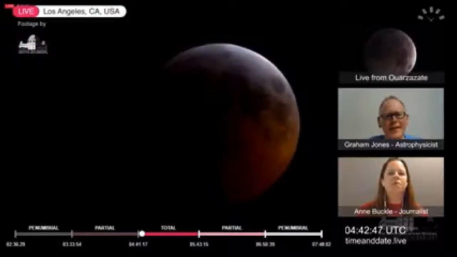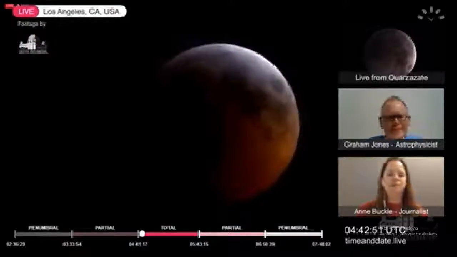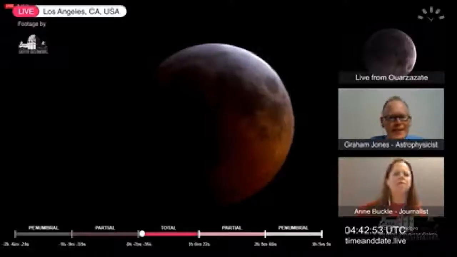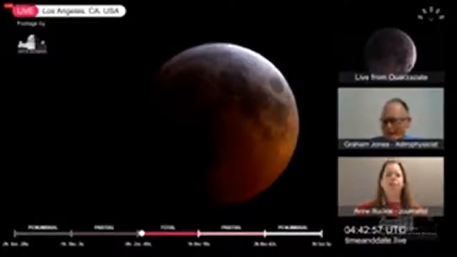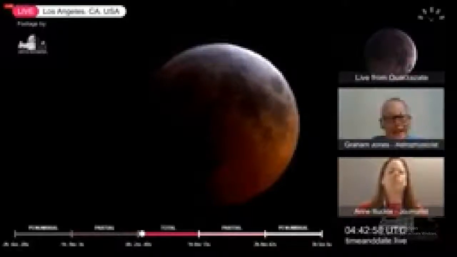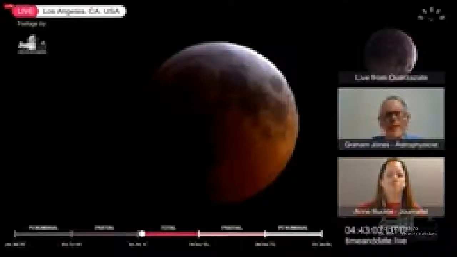And we're coming up towards pretty much the totality now. How many minutes left? We've got a couple of minutes left. Right. Well, we are into totality. We are. Yep. Now, yes, totality began just about a minute ago.